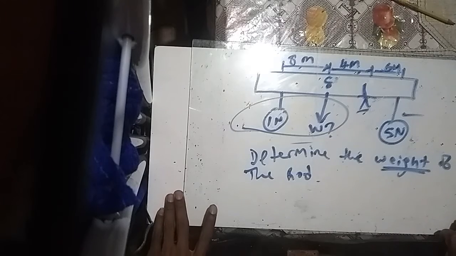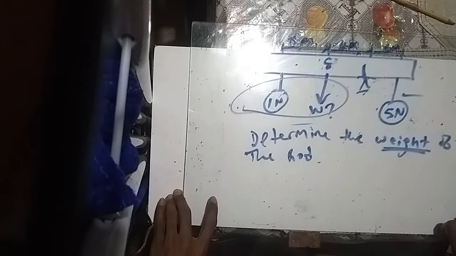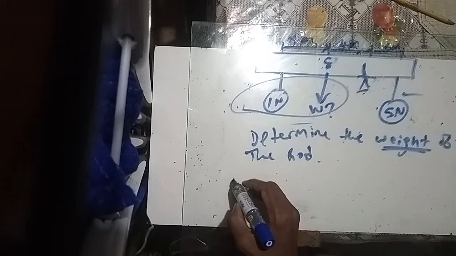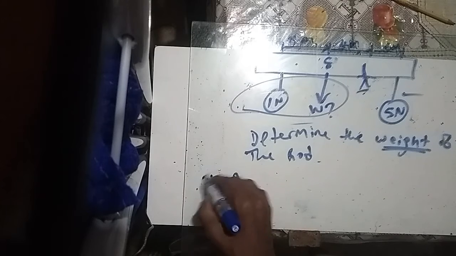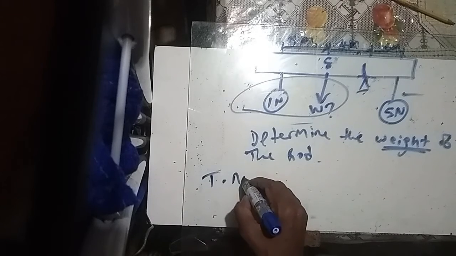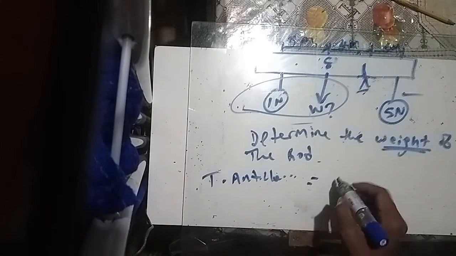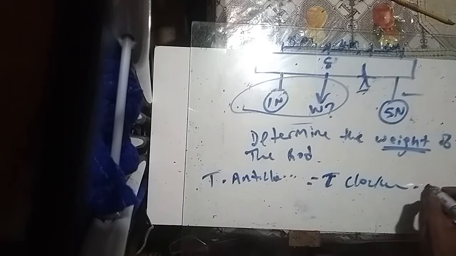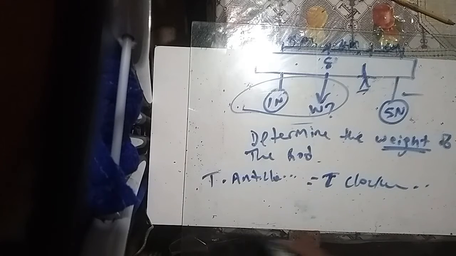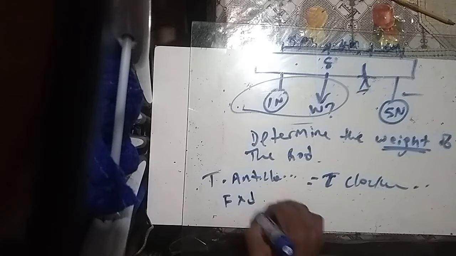Therefore, I can use the principle of moments to solve such a question. The principle of moments states that the total anticlockwise moments are equal to the total clockwise moments, where moment is equal to force times distance.